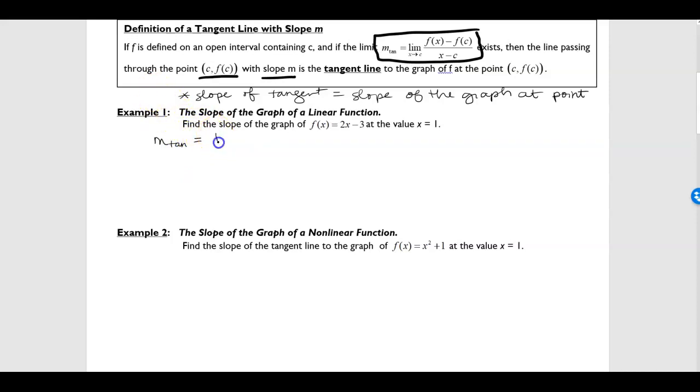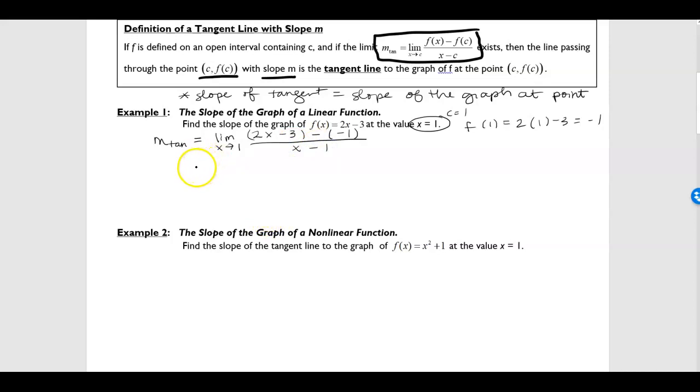The limit as x approaches 1, so our c was 1 in this case, of f of x, which is 2x minus 3, minus f of 1. I just need to plug 1 into my function f. So 2 times 1 minus 3 is negative 1, all over x minus 1, x minus c.